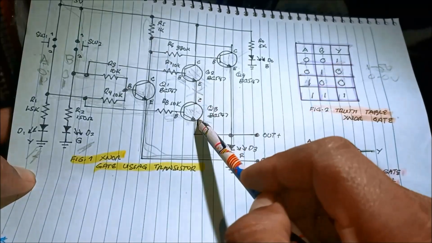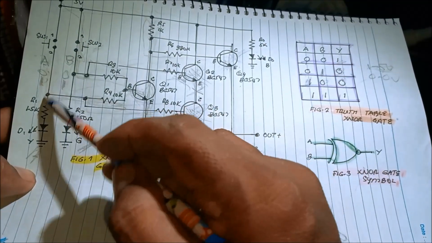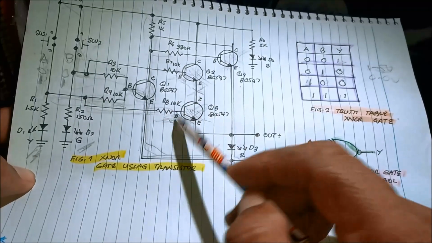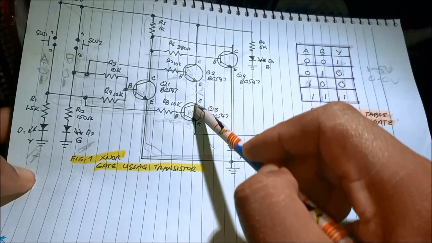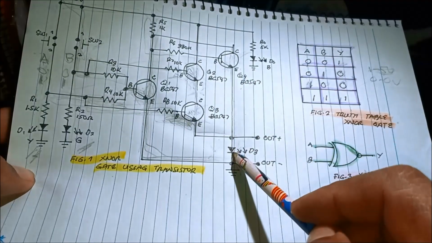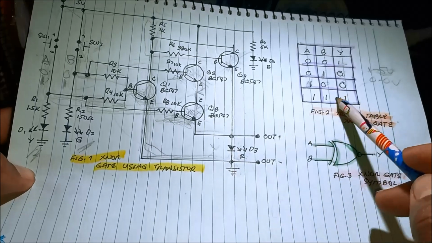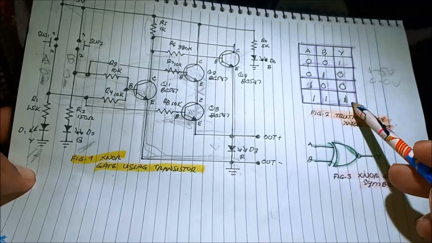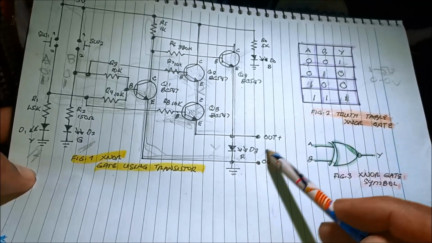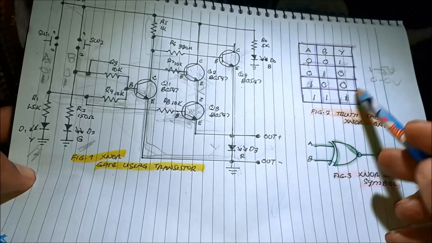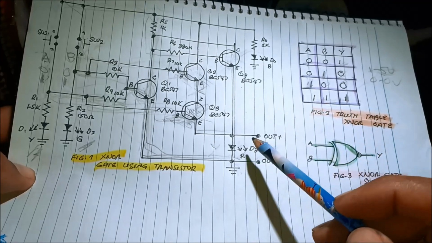Since we press the switch A also here, it will inject a current here, and also it will turn on the transistor. Current flows here and into the LED and then to the ground. So we have an output of 1, or LED output turns on. So if we both press the switch, it will turn on the LED.